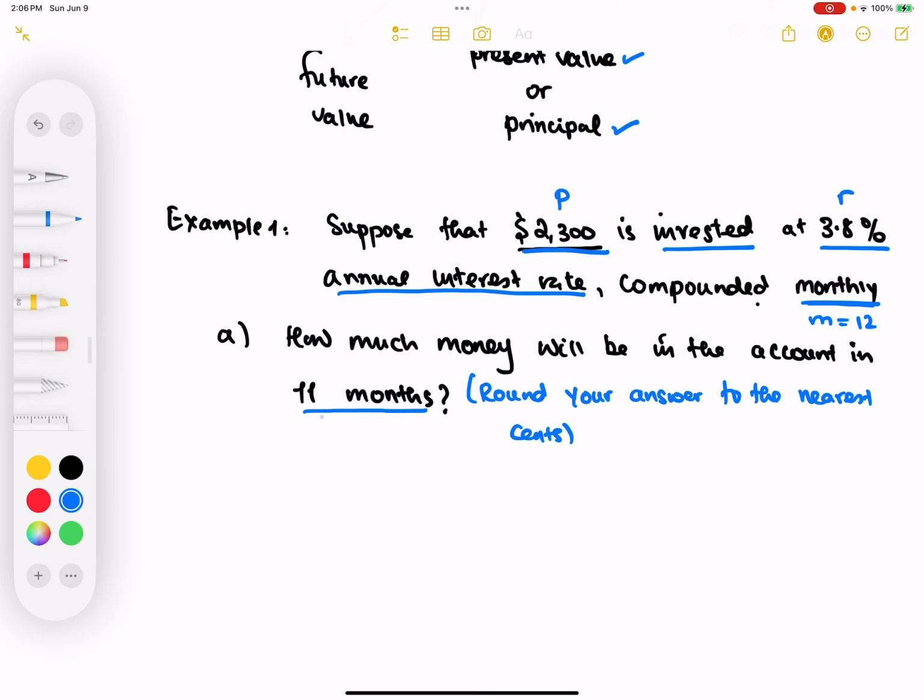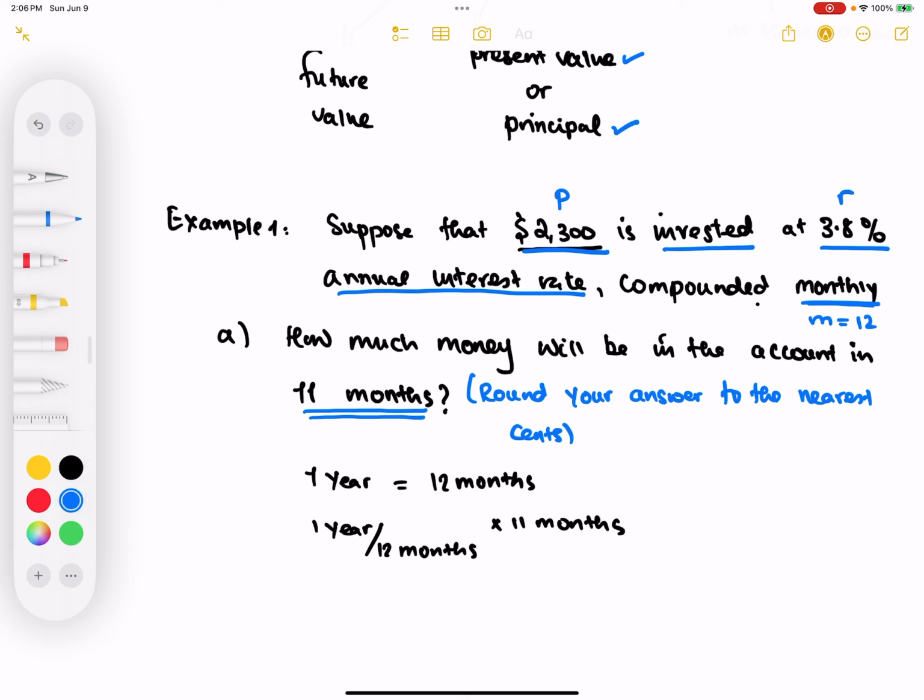Be careful here. You have to convert this one into years. How many years in 11 months? Remember, 1 year is 12 months. So if in 1 year you have 12 months, then for 11 months, how many years?